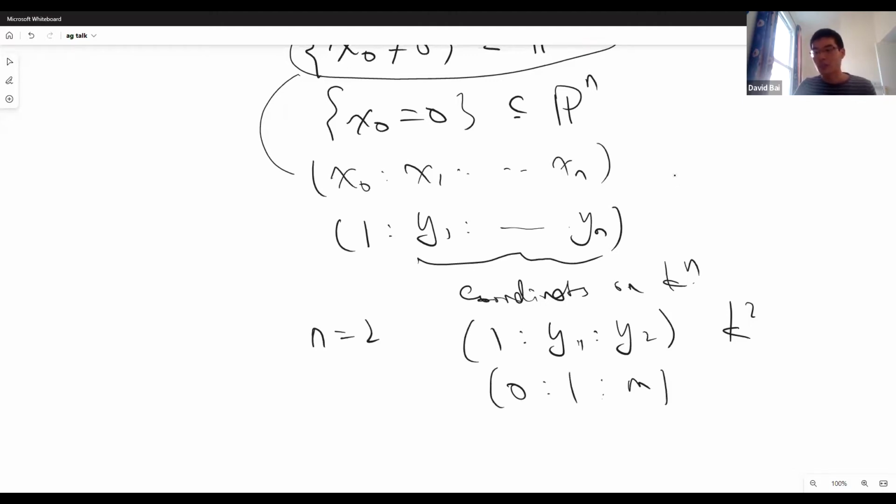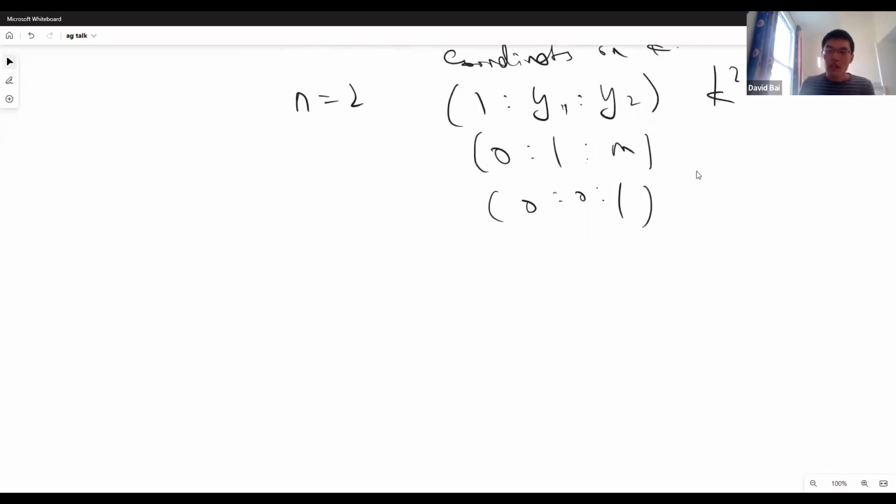These are the slopes where things are not vertical, and 0 colon 0 colon 1 is that one slope where everything is horizontal. So it does give you what our intuition is for the projective plane. Now, since we have the coordinates for the projective space, we can also make sense of polynomials in those variables.